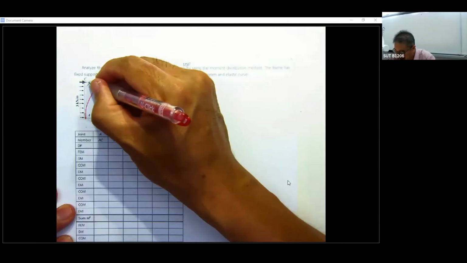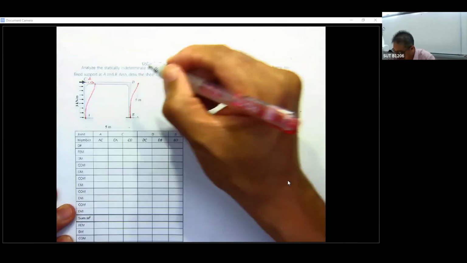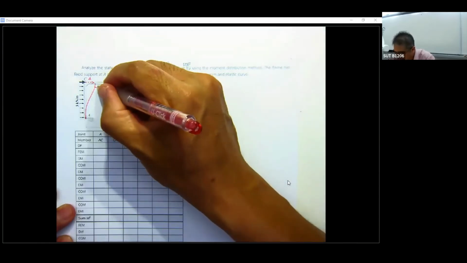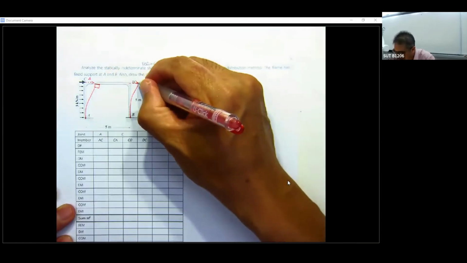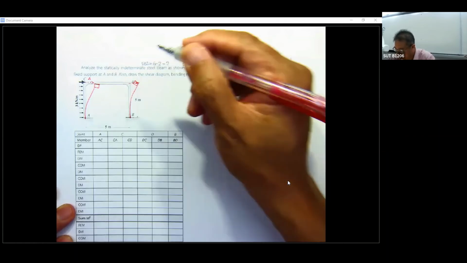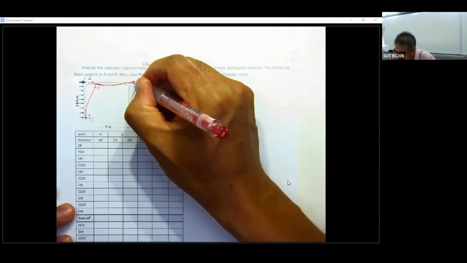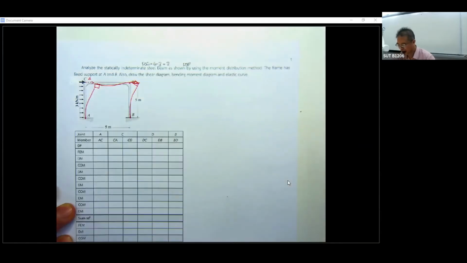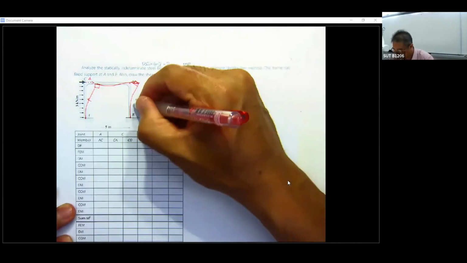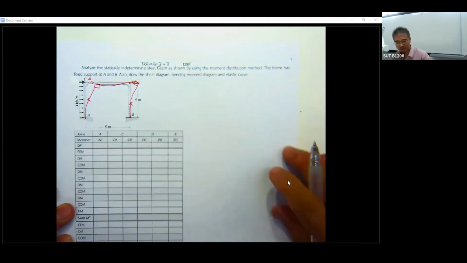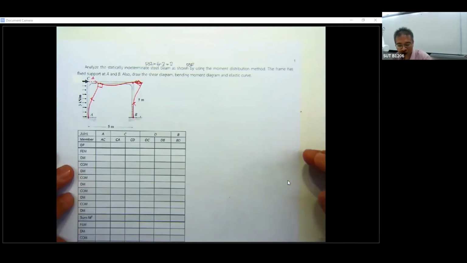And then we have the sidesway delta over here. And this one will keep its angle normal. And I guess this one may have a deflection something like this. Okay, and this one is going to be the inflection point. The depth of this may be wrong, but don't worry.